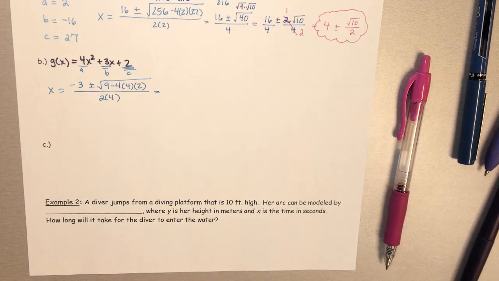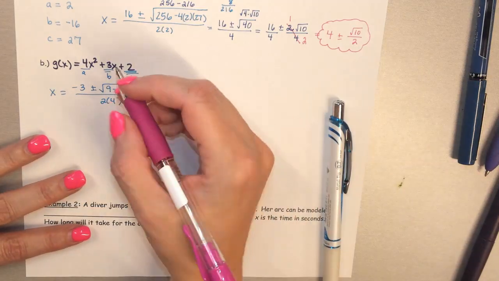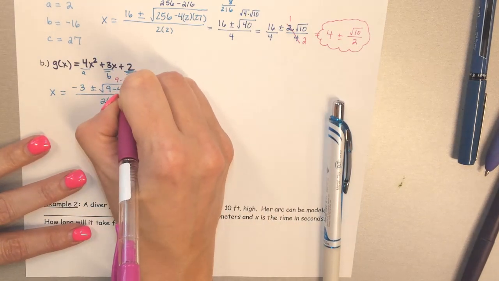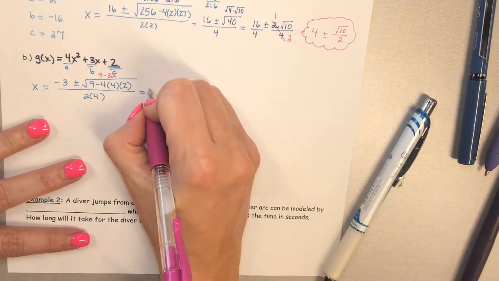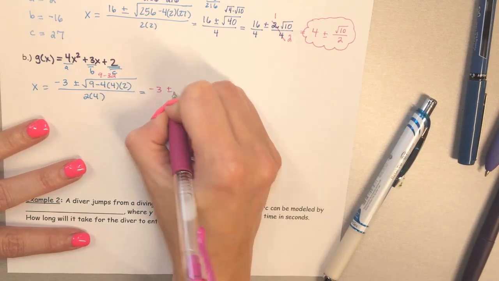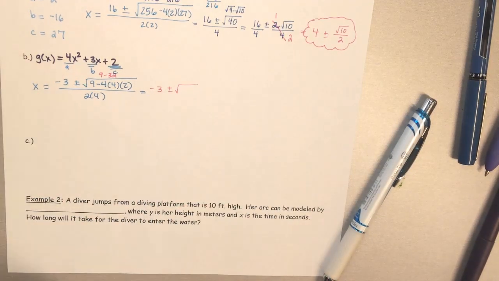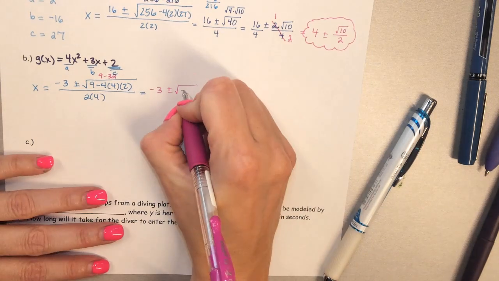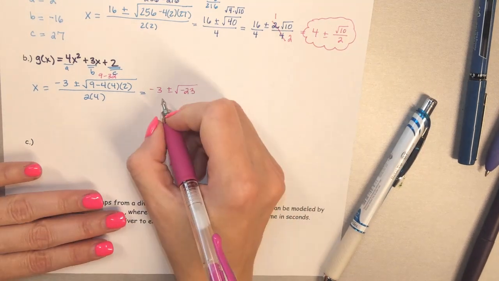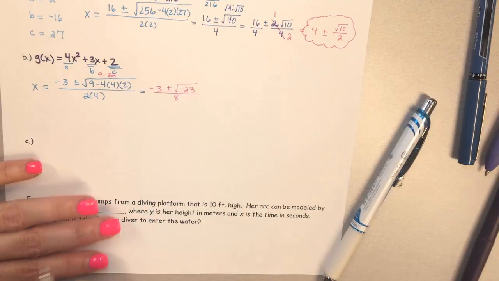Okay, so 4 times 4 is 16. 16 times 2 is 32. So here I know I'm doing 9 minus 32. Okay, and sometimes it's a little easier to think of it as 32 minus 9, or 32 minus 10, which is 22, and then you add one back. Do whatever you need to there, divided by 8.